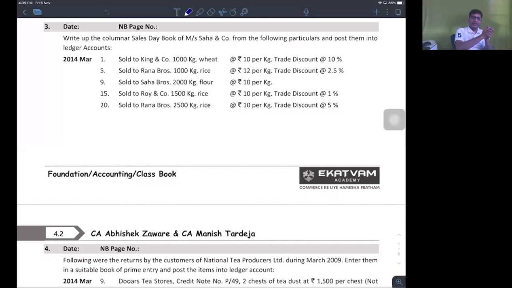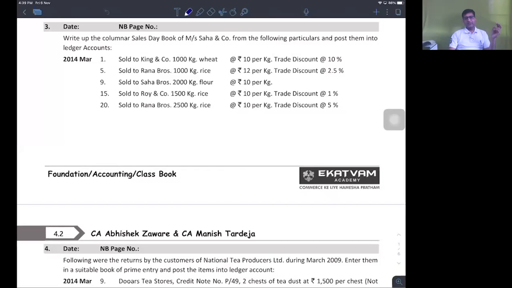So we are done with the example on the purchase book. We are done with the example on the columnar sales book as well. Yes, you can write it, Rakshita. I told this earlier also, there is no problem. Whichever format of date you follow, you have to follow it consistently. That's it. In my next session, I'll start talking about the concept of purchase return book and sales return book.